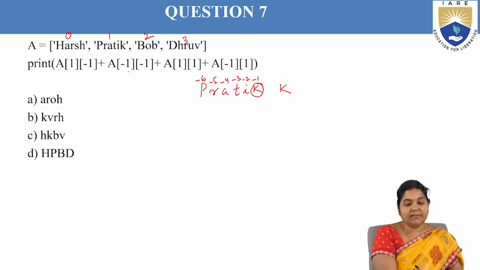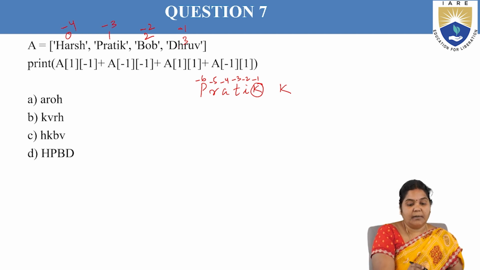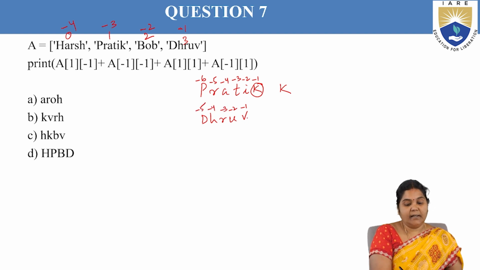Minus 1 means the last word, because you know that with right to left indexing, this is minus 1, minus 2, minus 3 and minus 4. So minus 1 means we are talking about Dhruv. In that, minus 1, minus 2, minus 3, minus 4 and minus 5, in that minus 1, which character is there?